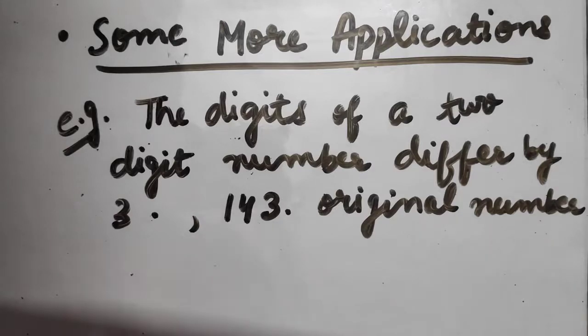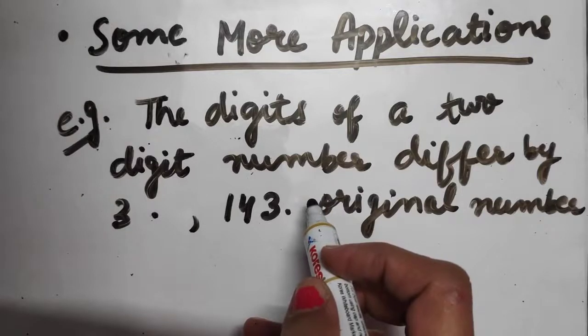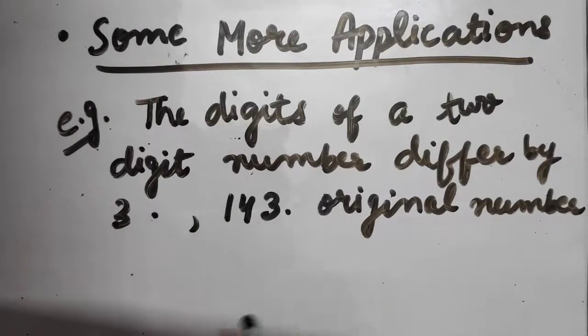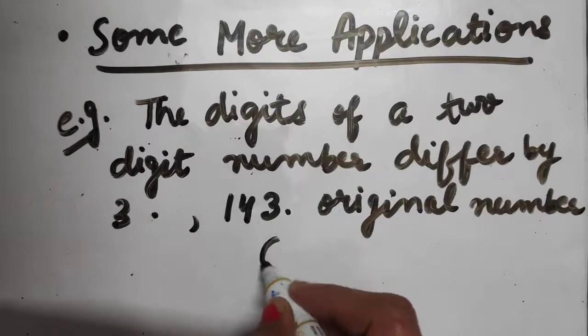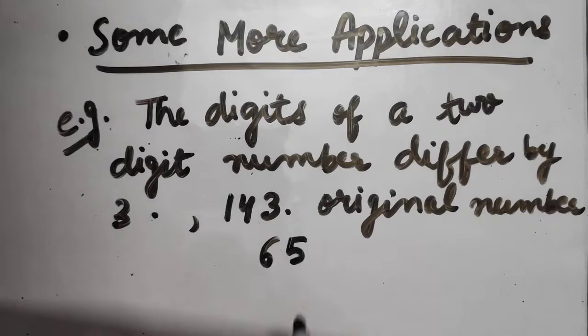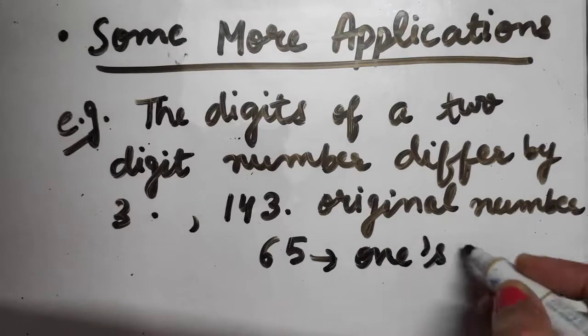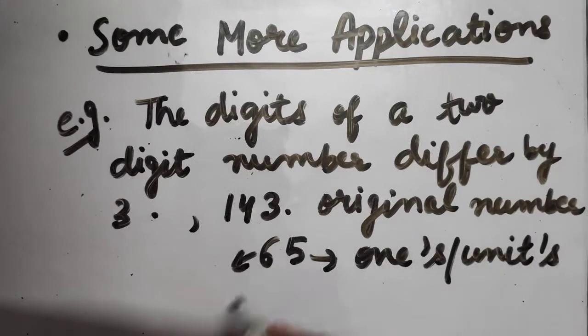Now, dear children, first of all, to understand this question, I need to discuss a very small concept. If I write any number, say I am writing 65, how is this number being formed? This is the digit at ones place or units place, this everyone knows.